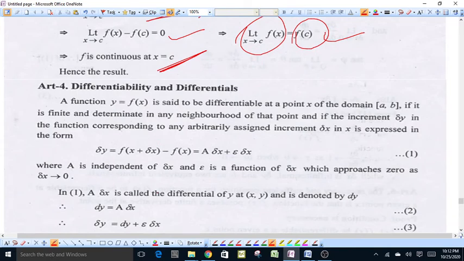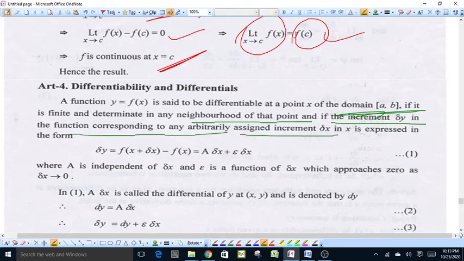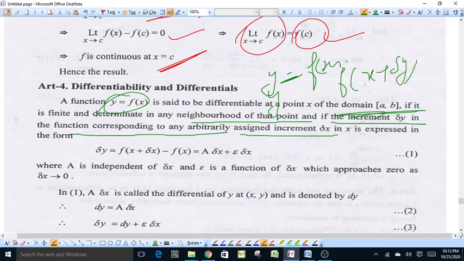Now, differentiability and differentials. A function is said to be differentiable at a point x of the domain if it is finite and determined in any neighborhood of that point, and if the increment delta y in the function corresponding to every arbitrarily assigned increment delta x in x is expressed in the following form. Let y = f(x), and if there is a small increment in the value of x, then the corresponding increment in y will give y + delta y.